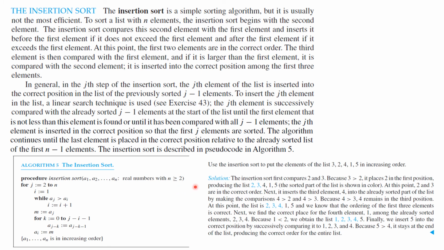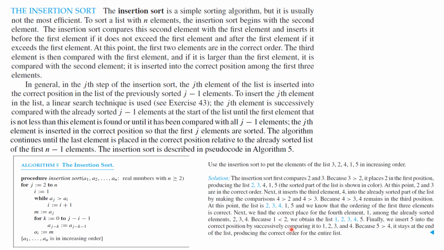So the insertion sort first compares the 2 and the 3. Because 3 is bigger than 2, it places 2 in the first position. And so now we have this list. And the colored part is what's been sorted already. At this point, 2 and 3 are in the correct order. And next it inserts the third element, 4, into its already sorted part of the list. Because 4 is bigger than 2, 4 is bigger than 3, and this remains in the third position, so now we have it sorted here.